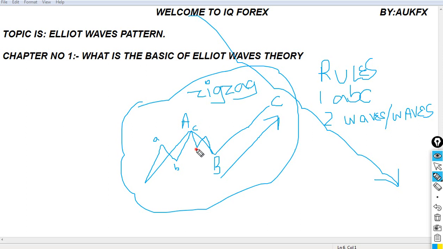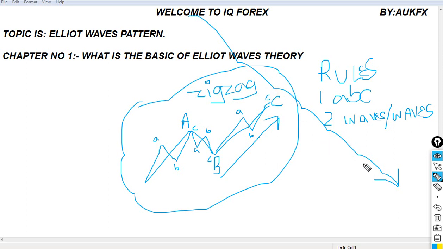And I will name it, yes, I have another ABC here. And then on the B to C wave, I also see another zigzag here. So I will name them also A, B and C.